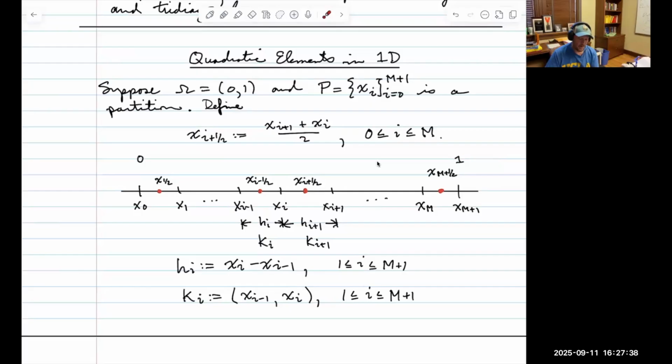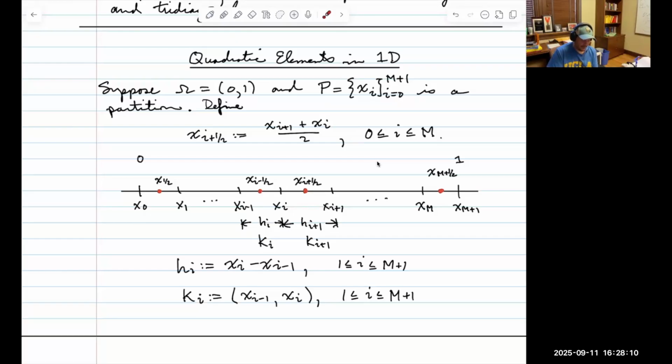So that's the piecewise linear case. Let's review the piecewise quadratic case in 1D. It starts off more or less the same. We have this very simple domain, this open bounded domain omega. And what we're going to do is lay down a partition on that domain omega, a partition that follows the rules that we defined earlier.